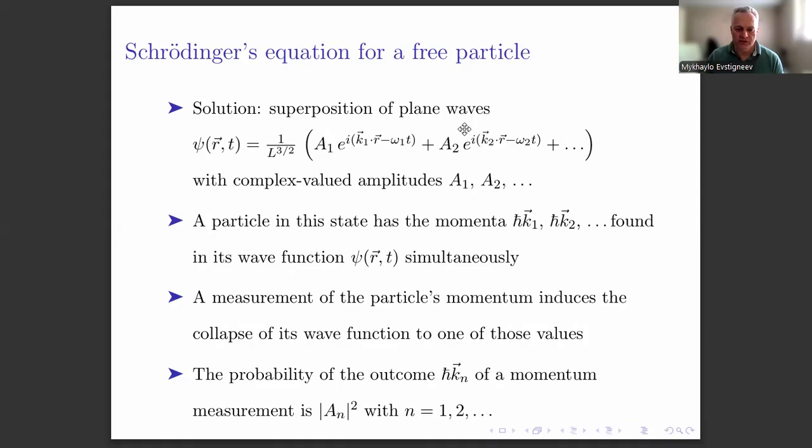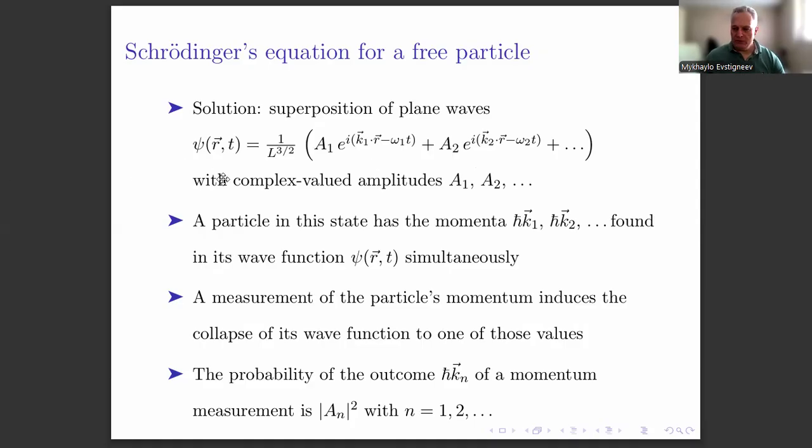So 1 divided by L to the power 3/2, A1 times exponential i(k1·r minus omega 1 t) plus A2 exponential i(k2·r minus omega 2 t) plus and so forth is the most general solution of this time-dependent Schrödinger's equation.